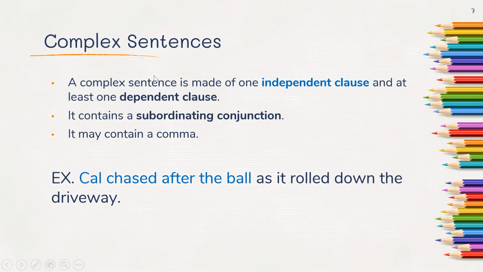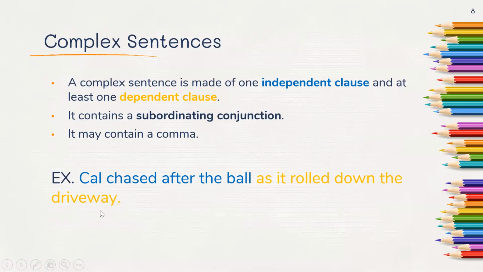To be a complex sentence, you need at least one dependent clause. And so we just said in one of the previous screens that the dependent clause is not a complete thought. It has a subject and a verb, but it's not a complete thought. So what part of this is left? As it rolled down the driveway.